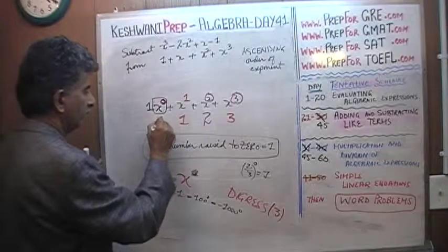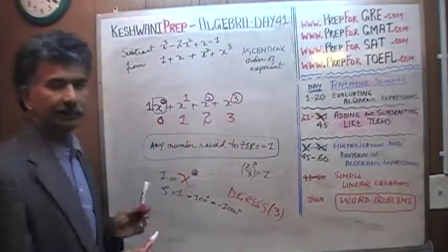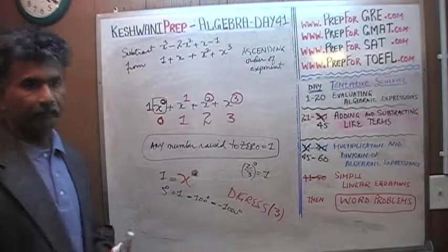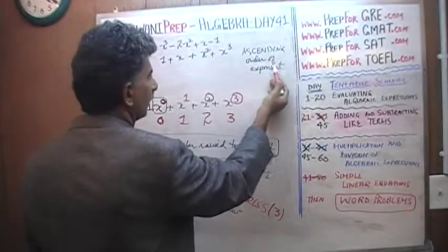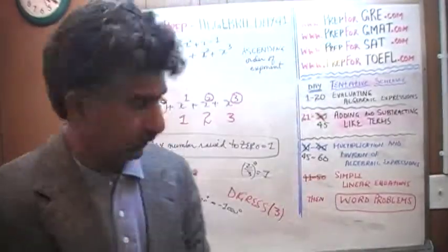Voila. You see? We're going from 0 to 1 to 2 to 3. The exponents are going up. They are in ascending order. Here they are in descending order, which I cannot write yet because I do not know how to spell the bloody thing.